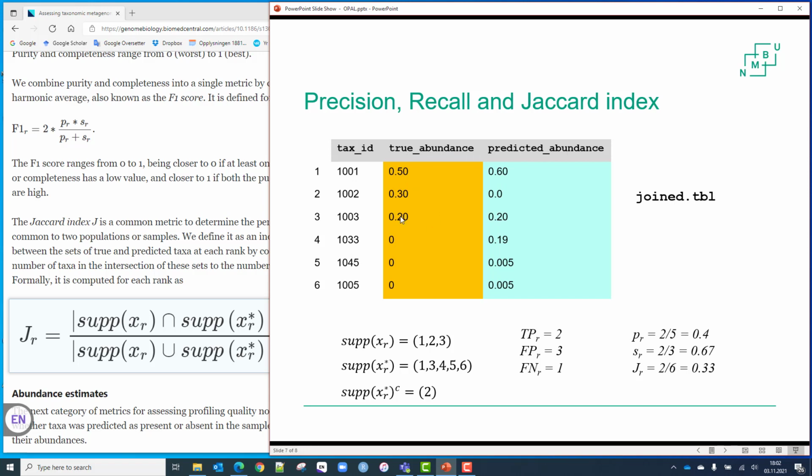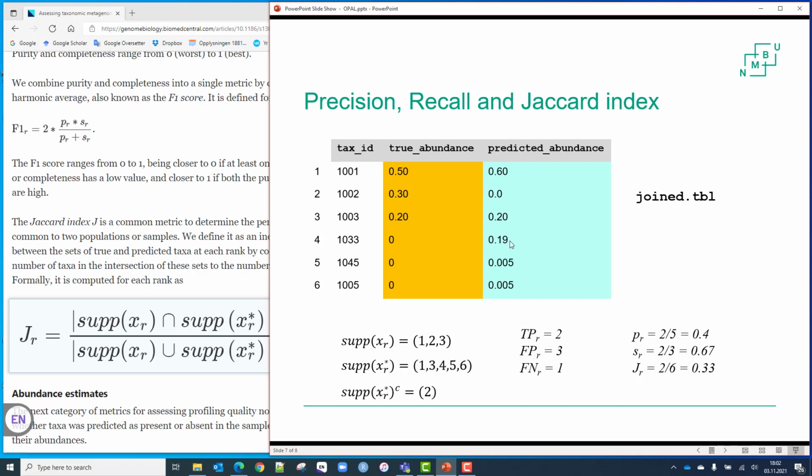And then the size of the intersection is 2, because it's these 2 rows here. So it's 2 divided by 6 then. Notice that this is also quite poor, right? We would like this to be close to 1 as well. Then the prediction is very close to the gold standard.